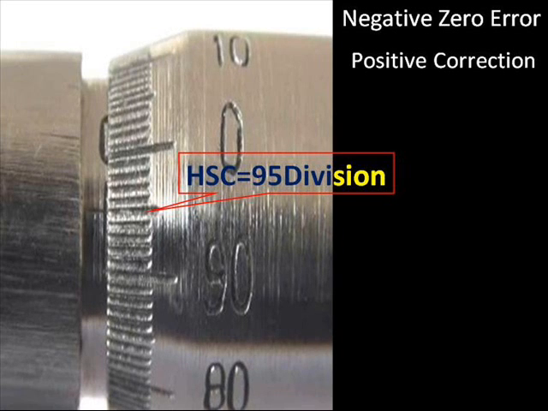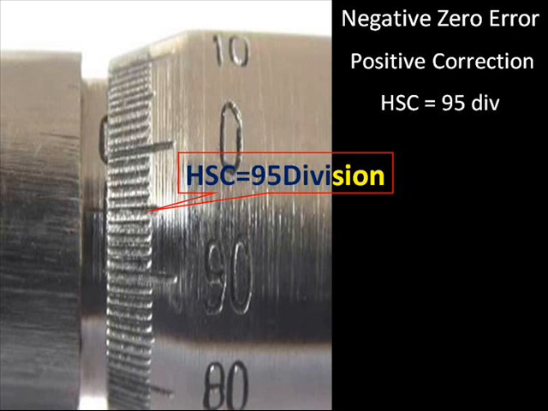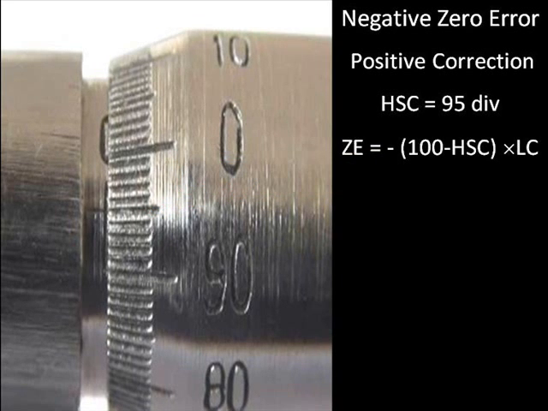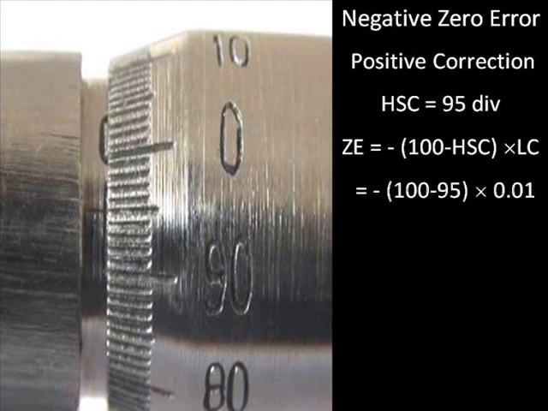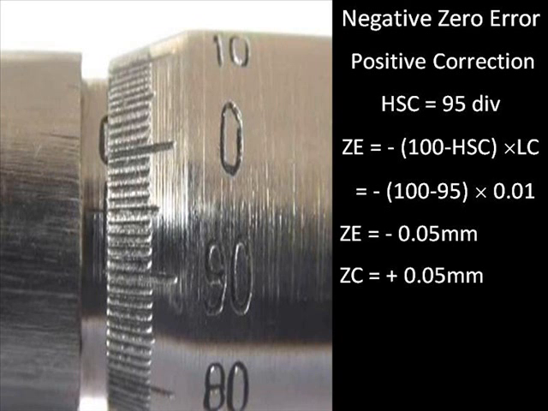Here the head scale coincidence is 95th division and the 0 error is calculated by subtracting head scale coincidence from 100 because the head scale consists of 100 divisions. Now 100 minus 95 and that is multiplied with the least count 0.01 millimeter. So we get 0 error minus 0.05 millimeter and the correction will be 0.05 millimeter.